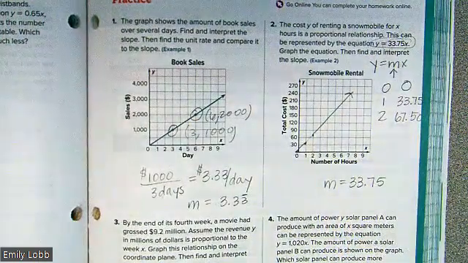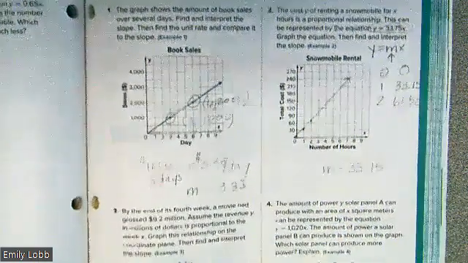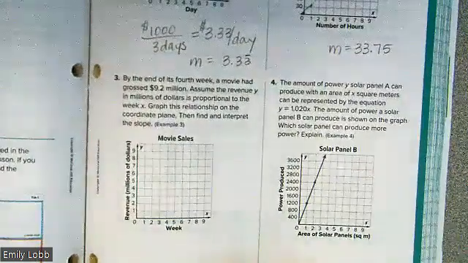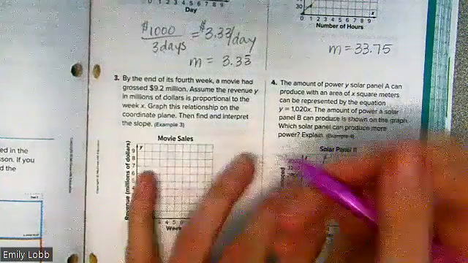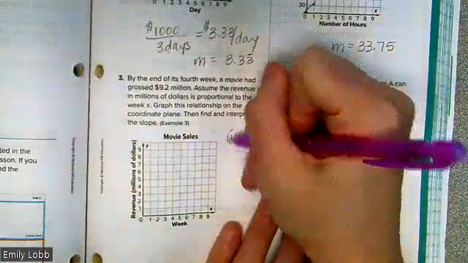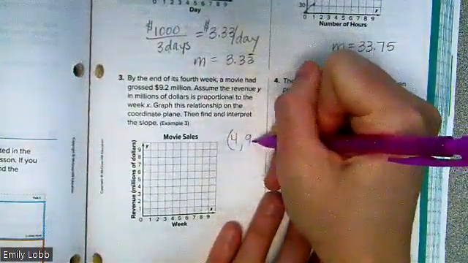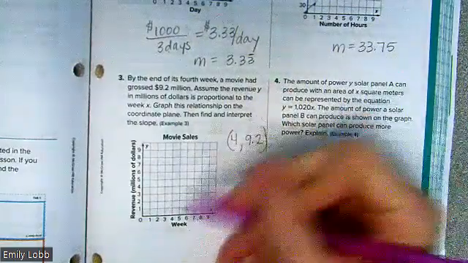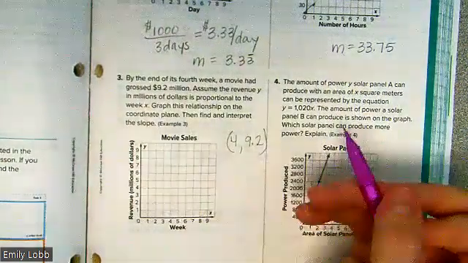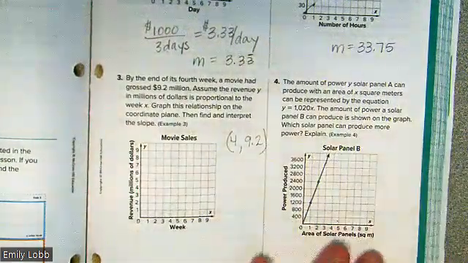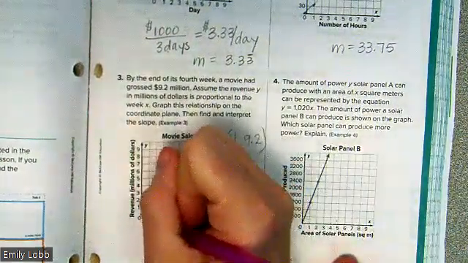So hopefully you got that yesterday. Number 3, by the end of its 4th week, a movie had grossed 9.2 million. So we know week 4, this is the point (4, 9.2), and luckily our graph is in $1 million. Assuming that's proportional, if we graphed that, it would start at 0, right?